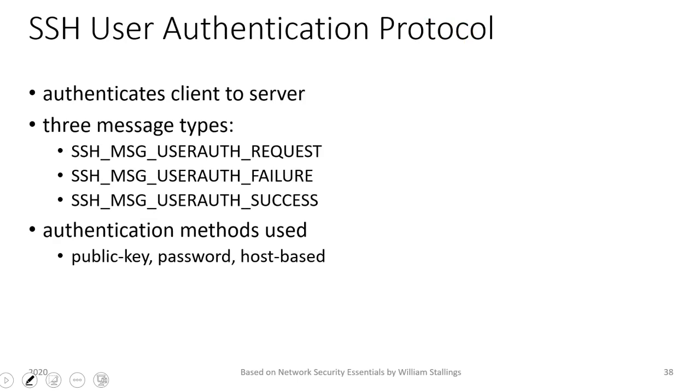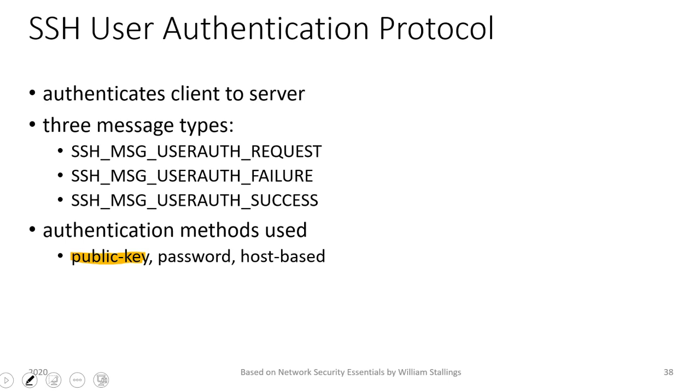Then the SSH user authentication protocol is about authenticating a client to a server, and this can be done using a number of different authentication methods. One is public key cryptography authentication, having a private key and a public key and exchanging the keys between the client and the server.